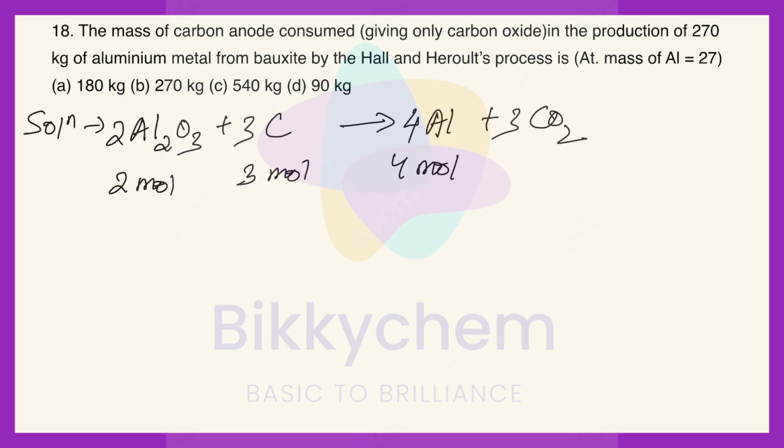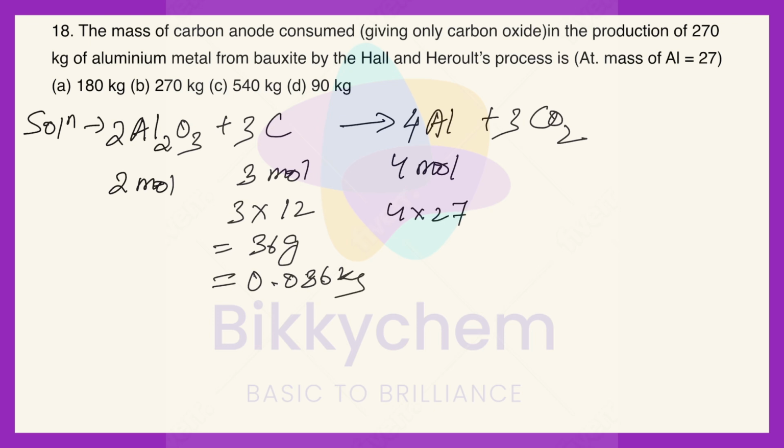So we will consider these only and convert them into kilogram. So it is 36 gram, so in kilogram, 0.036 kilogram. Similarly, 4 into 27 will be 108 gram, and in kilogram it will be 0.108 kg.